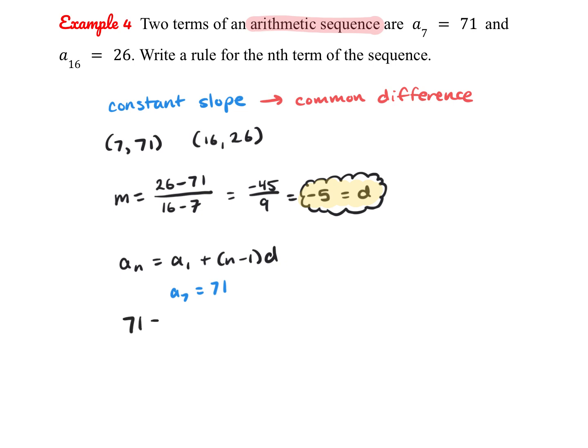So we have 71 equals a sub 1 plus 7 minus 1 times our common difference, which is negative 5. So 71 equals a sub 1 plus, here we have 6 times negative 5, so negative 30. So a sub 1 is 101.